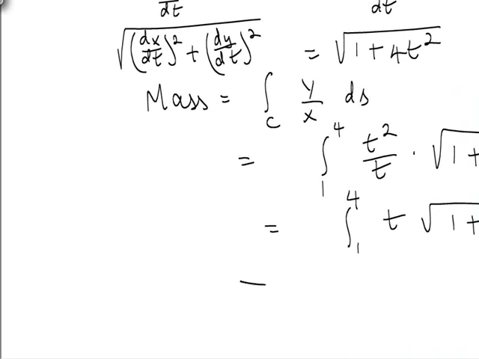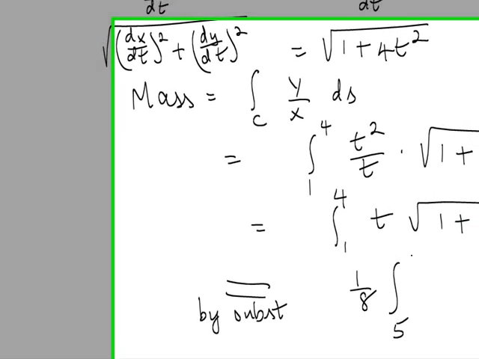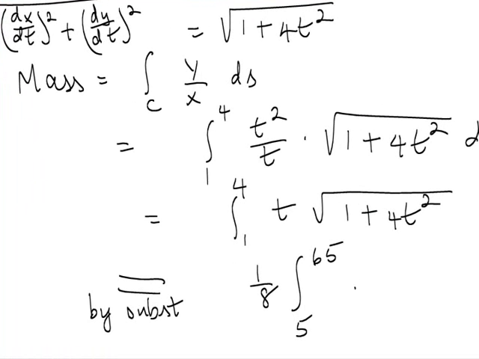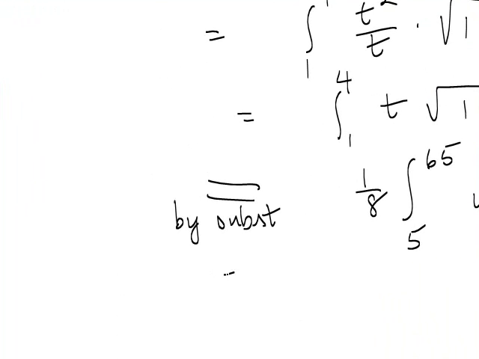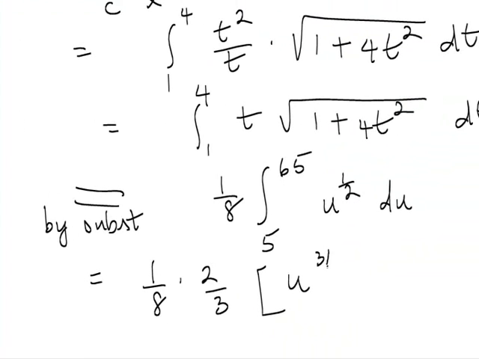Okay, upon substitution, I will just give you what I got. Upon substitution, you get 1/8 times the integral from 5 to 65 of u to the half du, which is equal to 1/8 times 2/3 u to the 3 halves, from 5 to 65.